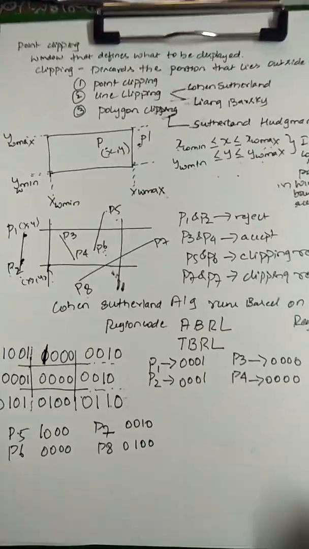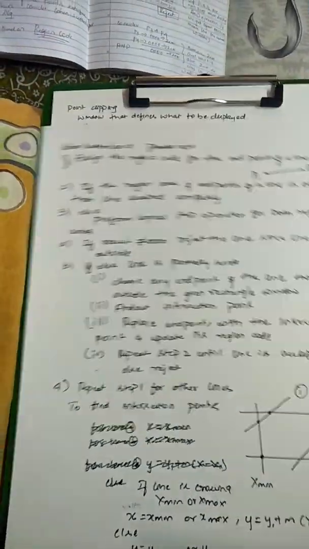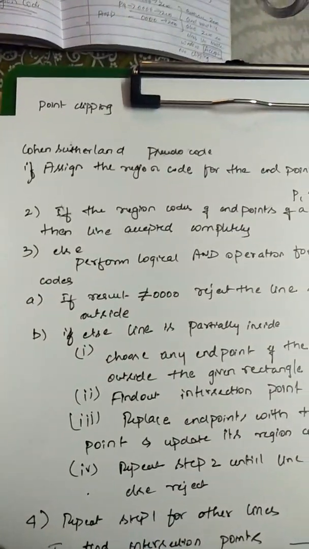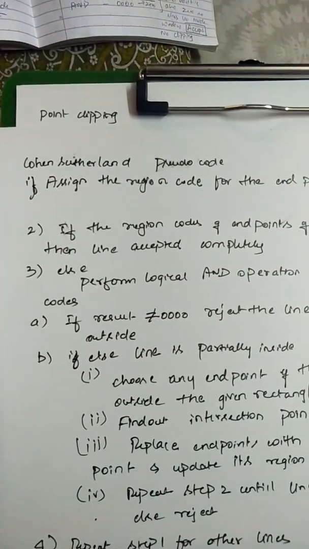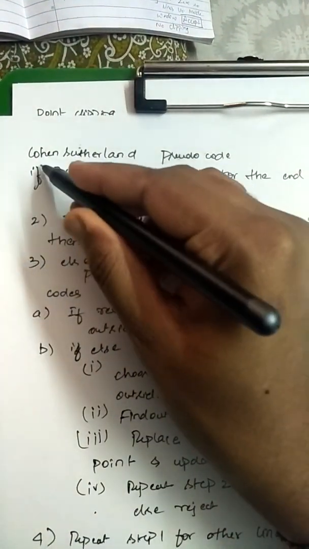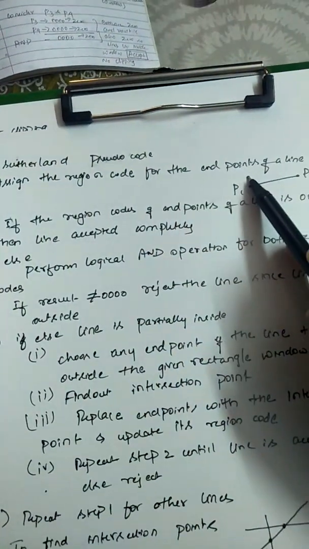Before we actually go into this, let's see the pseudocode. Cohen Sutherland pseudocode. The first step is to assign the region code for the endpoints of a line.